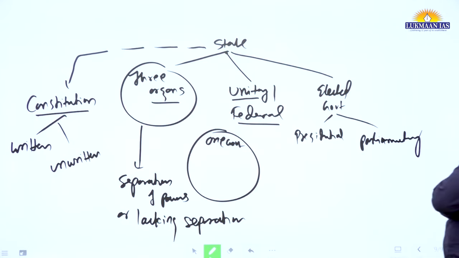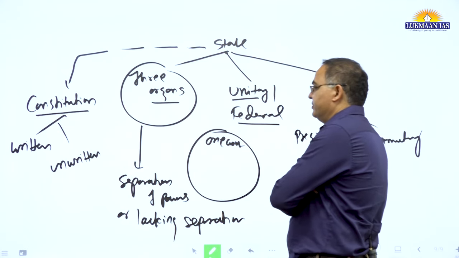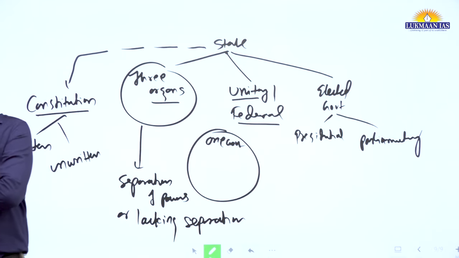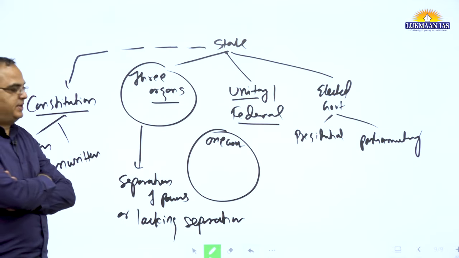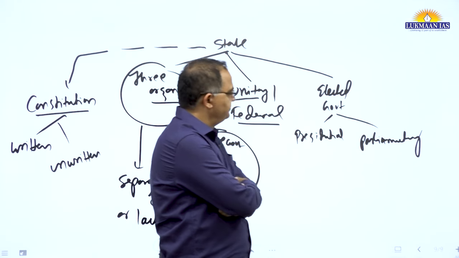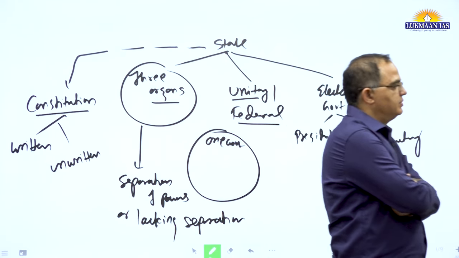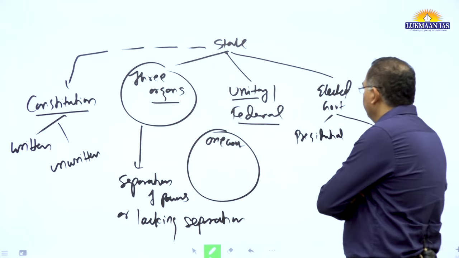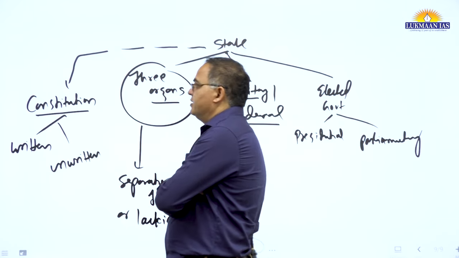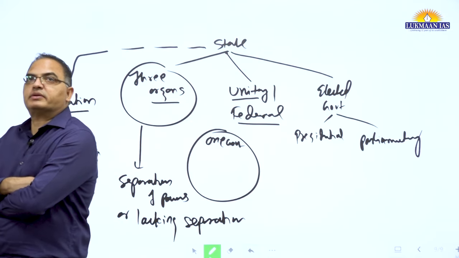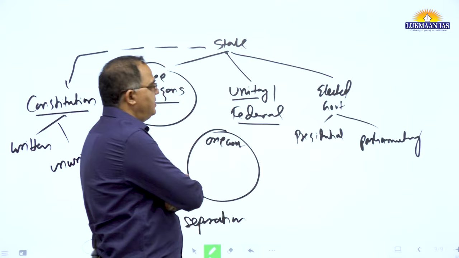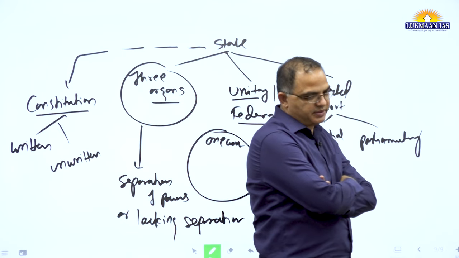Next, three organs of state with separation of powers. Next, unitary or federal polity. Next, parliamentary or presidential form of government.